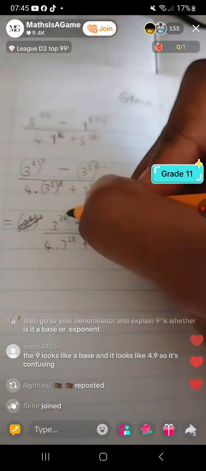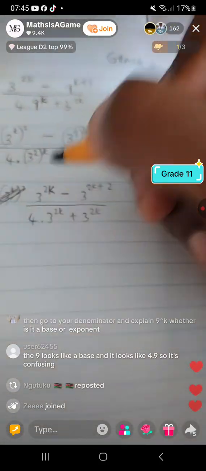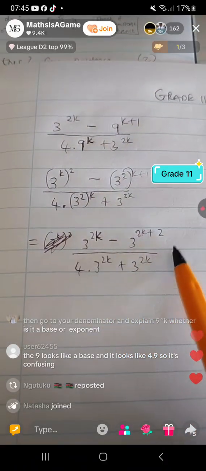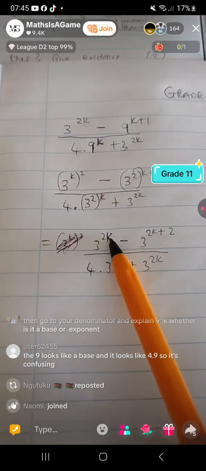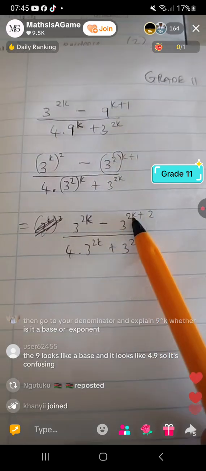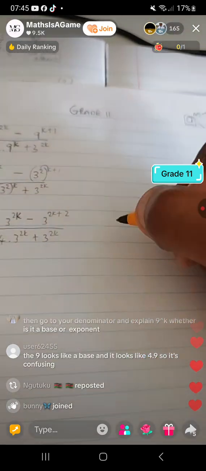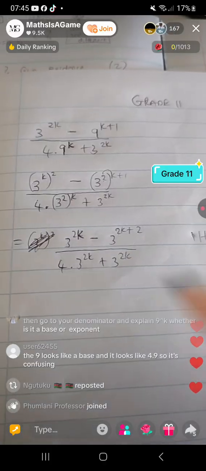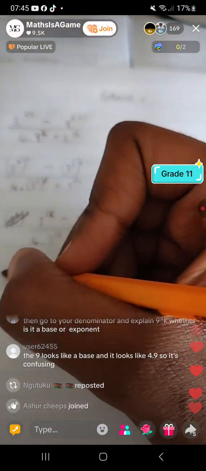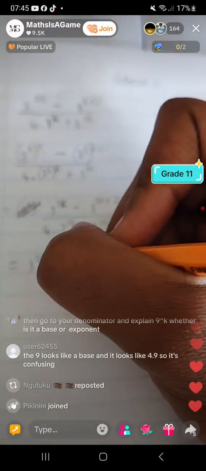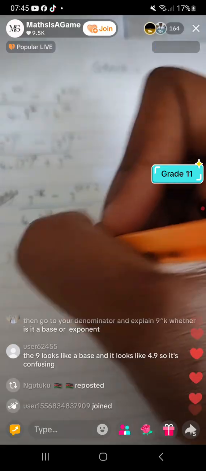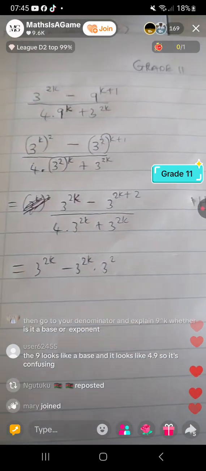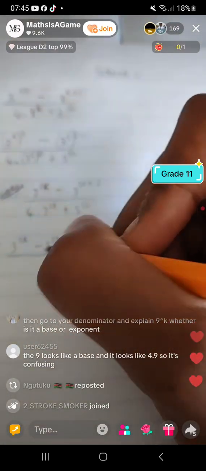Now, from this situation, I'm sure you can see in the numerator, base 3 has 2k as an exponent, and base 3 has also 2k. So at the top we are going to have some sort of factorization. We're going to split so that we are clear about what we see.